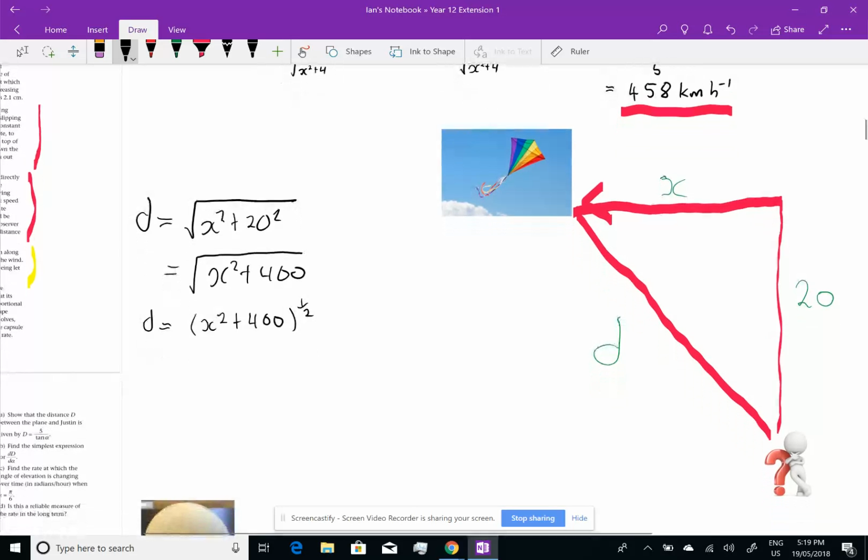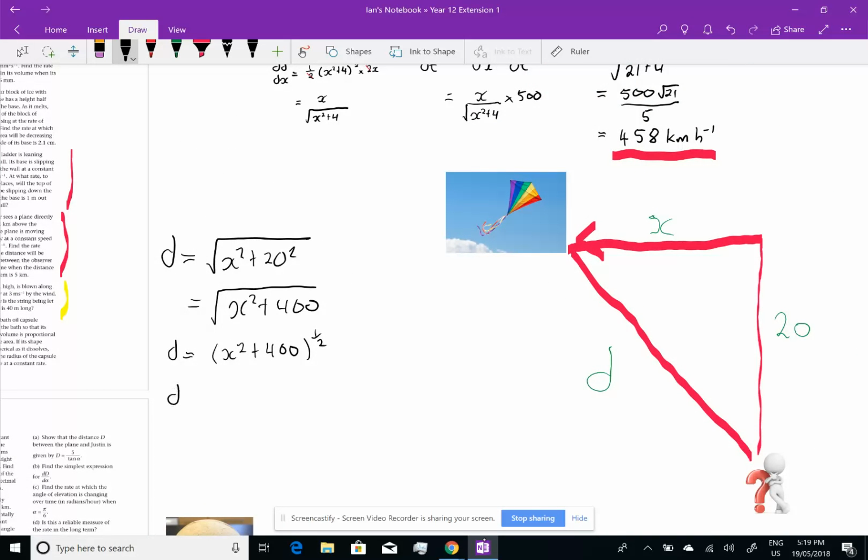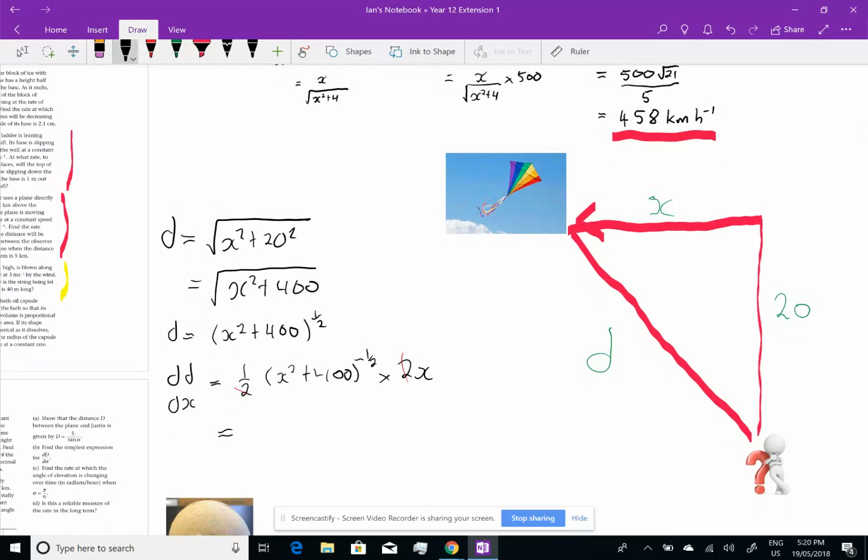This is very much like the earlier question. We get dD/dx is a half, x squared plus 400, take 1 off the power, minus a half, times 2x. And again, those 2's cancel, which makes it nice and easy. So we get, in surd form, x on the square root of x squared plus 400.